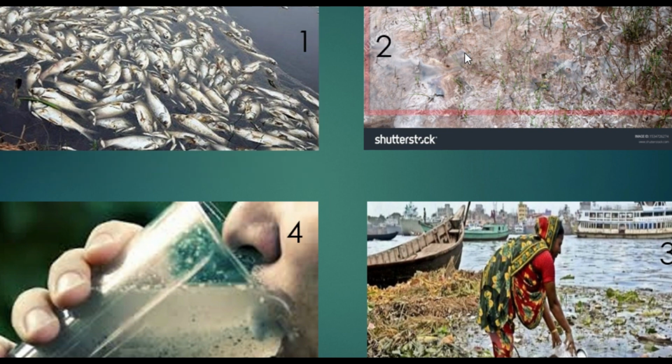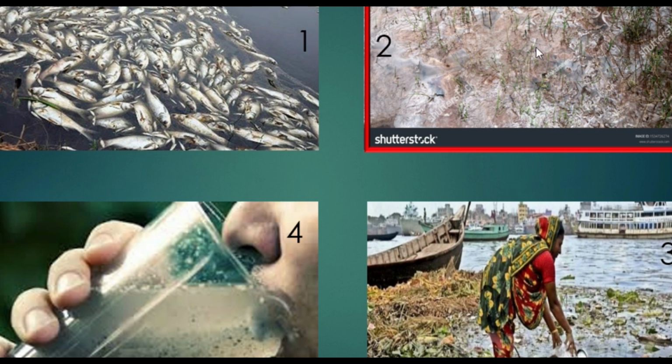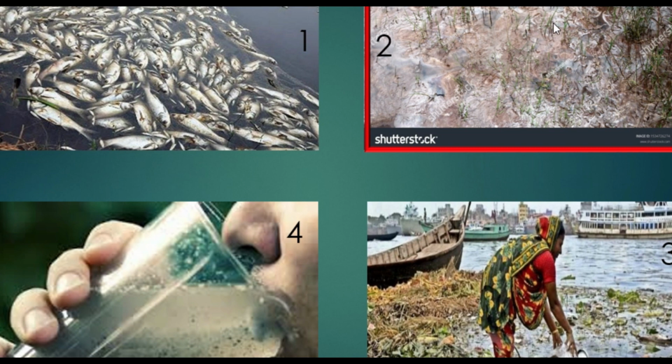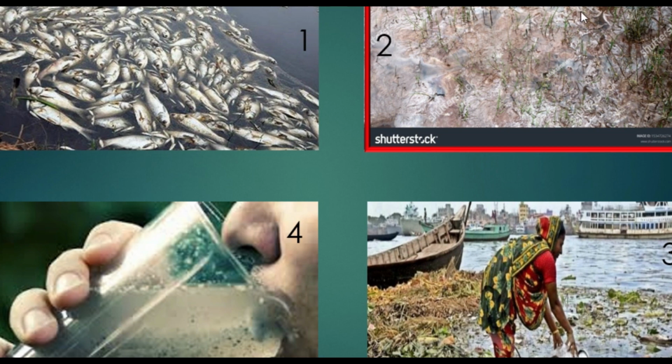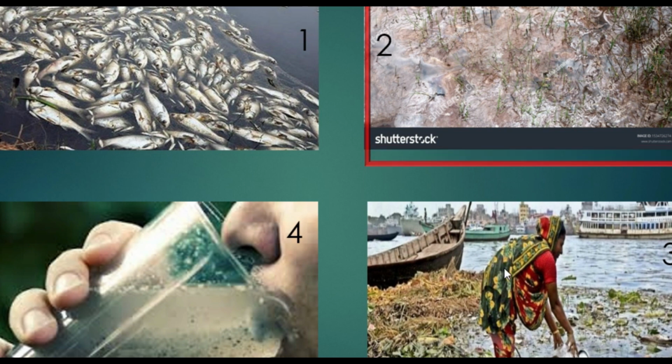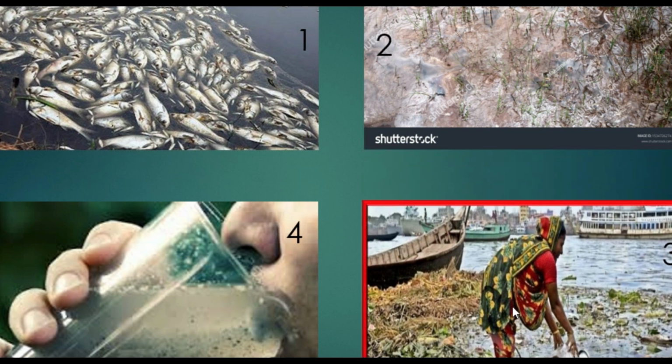What do we see in the next picture? In the next picture, we see that due to chemical or some other reasons, the land has become spoiled, and the trees or grass died, and the land is totally spoiled. In the next picture, what do we see?